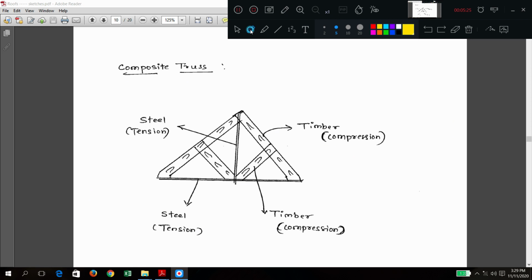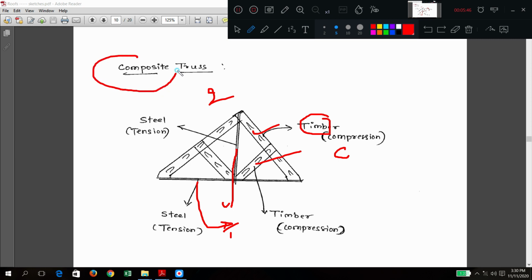Here the rafters and struts are in compression, so they are made of timber. The vertical post and tie beam are generally tension members, so they are made of steel. Here two types of elements, steel and timber, are used, that is why it is called composite. Very important: tension members are made of steel, compression members are made of timber.